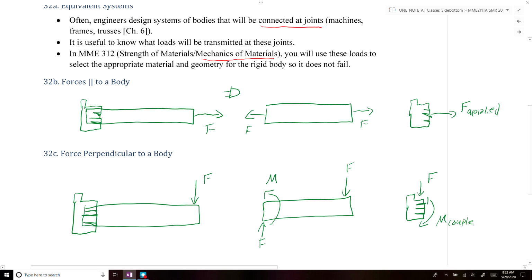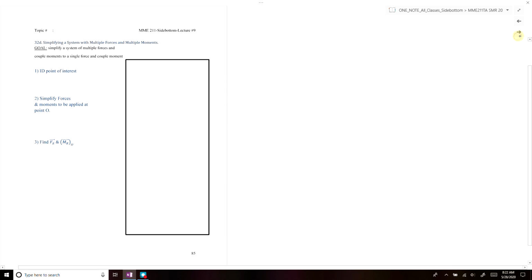These are examples of Newton's third law, where we have equal and opposite forces at our joints. This force here is equal and opposite to this force here, and this couple moment and the force applied, in the case of the force applied perpendicular to the body, are equal and opposite to the force and couple moment that are applied to the hand.